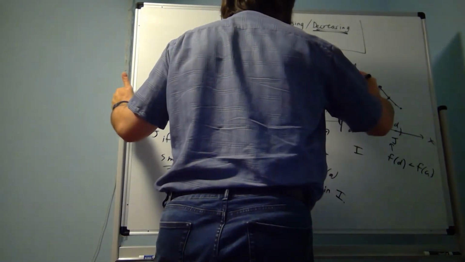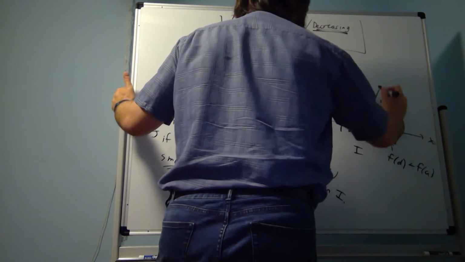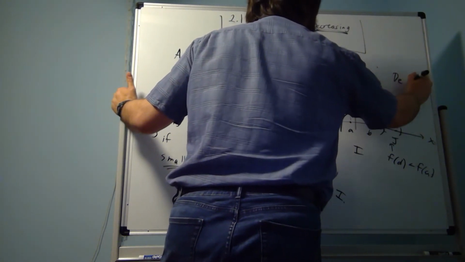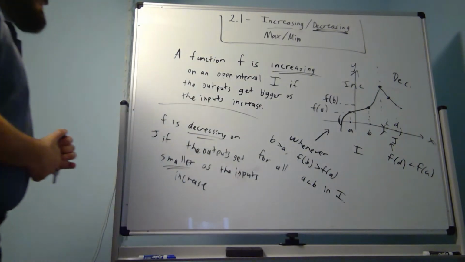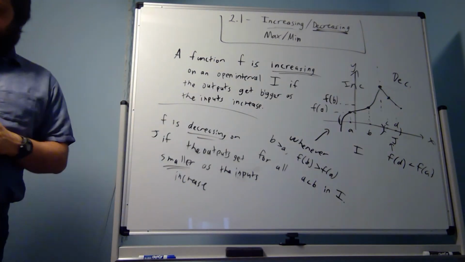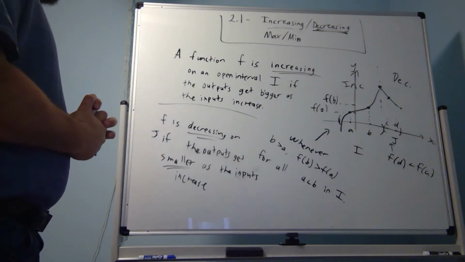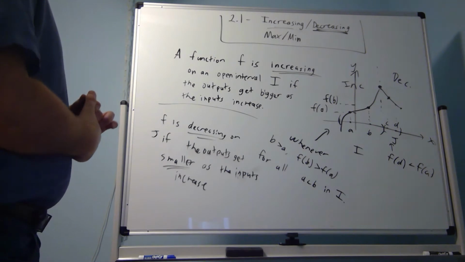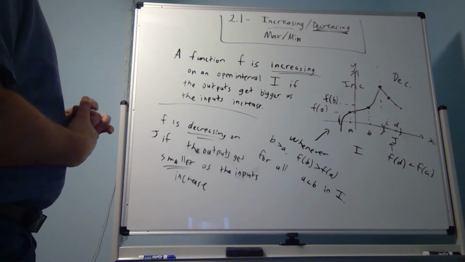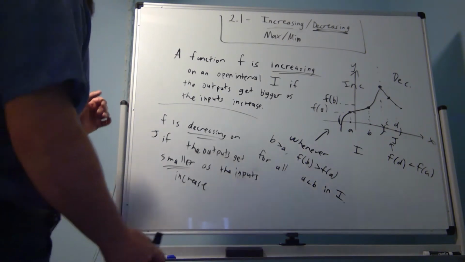So this is increasing and this is decreasing. Right now we just want to get used to that graphically. This is a huge major theme in calculus, so just one step at a time. There's a lot of algebra, and then there are some computations very specific to calculus. But you want to get comfortable with the idea: what does a picture of that look like?